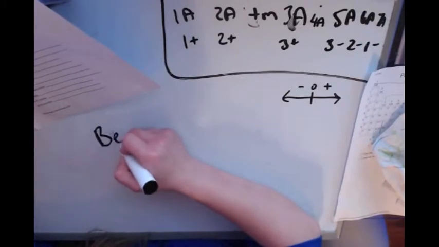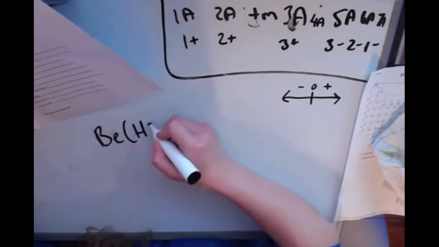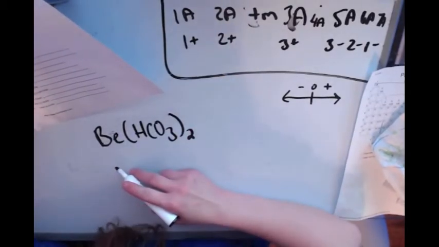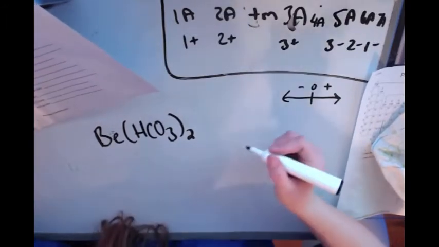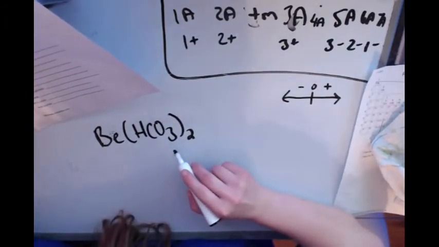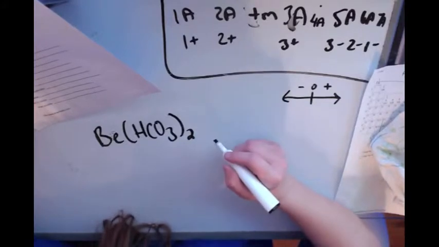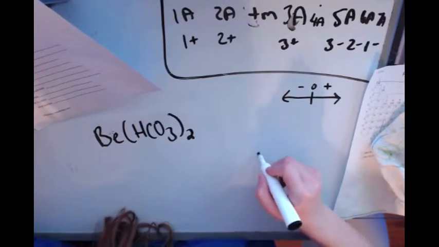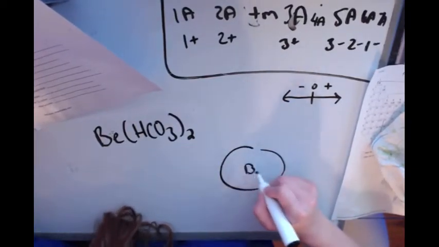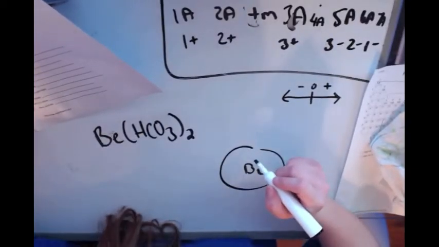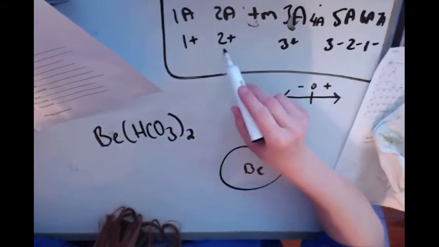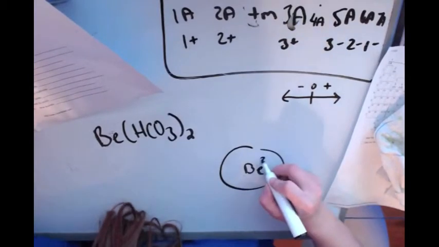Next up we have Be(HCO3)2. You know that Be is beryllium, however you want to pronounce it. And you should know that this is bicarbonate, and there's 2 of them. And you should also know that bicarbonate has a charge of 1 minus. So if we were to draw this again, we would have Be, which is in the 2nd column, 2A. You know that because it's in the 2nd column, it has a charge of 2 plus as a cation.